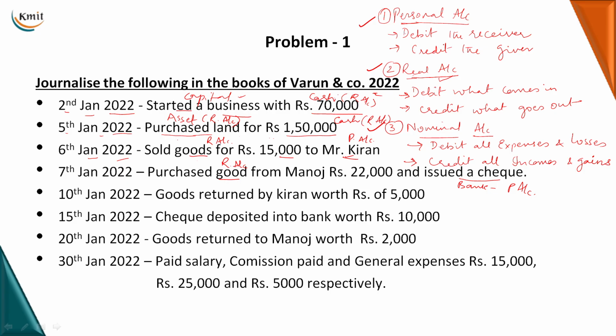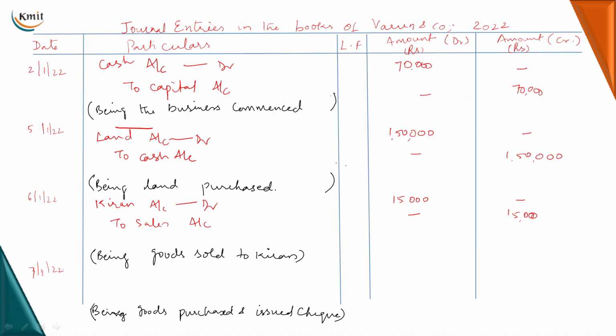So you are going to apply the rules according to these two types of accounts. When you have purchased, goods are coming in. For a real account, debit what comes in. The credit entries should be in accordance with the personal account: credit the giver. Who is the giver in this transaction? Bank is the giver.